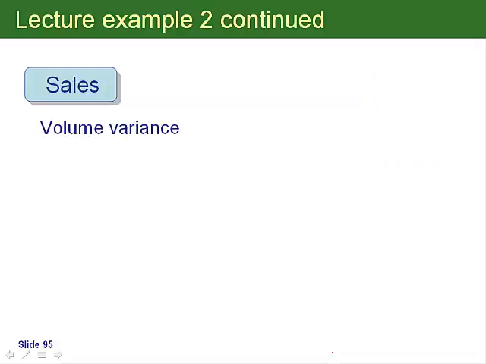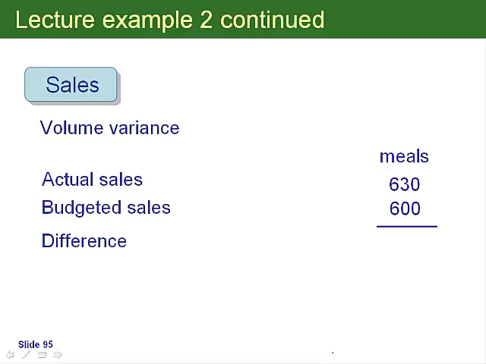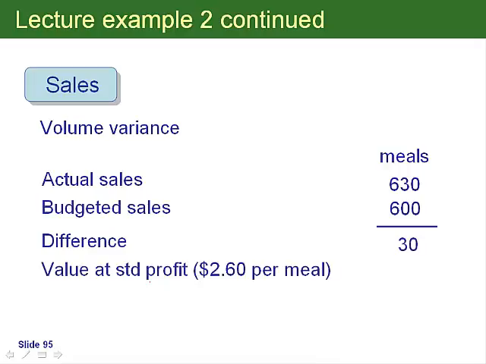Now they're the difference in our overhead variances. There was another difference that we needed to deal with, and that is just our sales volume variance. So the number of units, 30, exactly the same as before, but this time we value it at standard profit. So that gets us to $78 favourable.